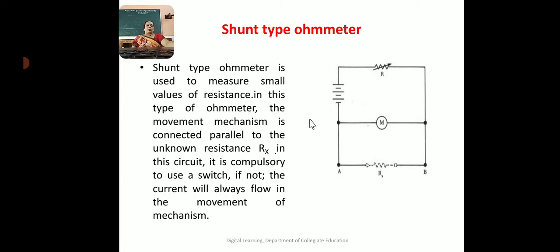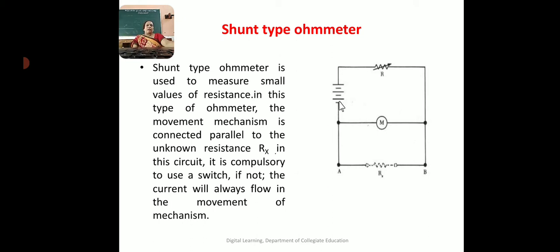In this type of ohmmeter, the movement mechanism is connected in parallel to the unknown resistance Rx. In this circuit, it is compulsory to use a switch. If not, the current will always flow in the movement mechanism.